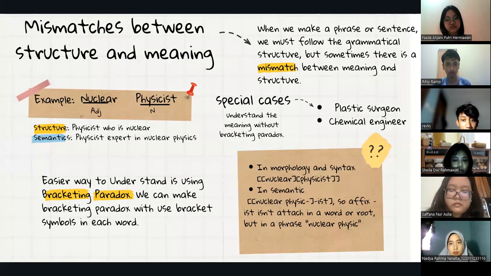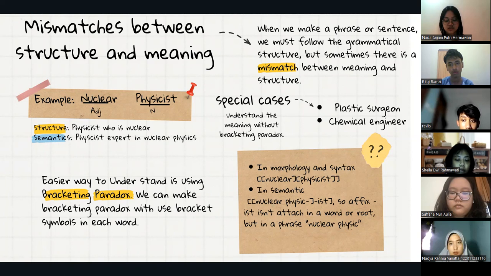The two meanings make us very confused, so there is a way for us to easily understand the phrase or the sentence. That way is called bracketing paradox. Bracketing paradoxes are defined as constructions for which two incompatible structural analyses are required in order to simultaneously explain both morphosyntactic and semantic properties of a word.